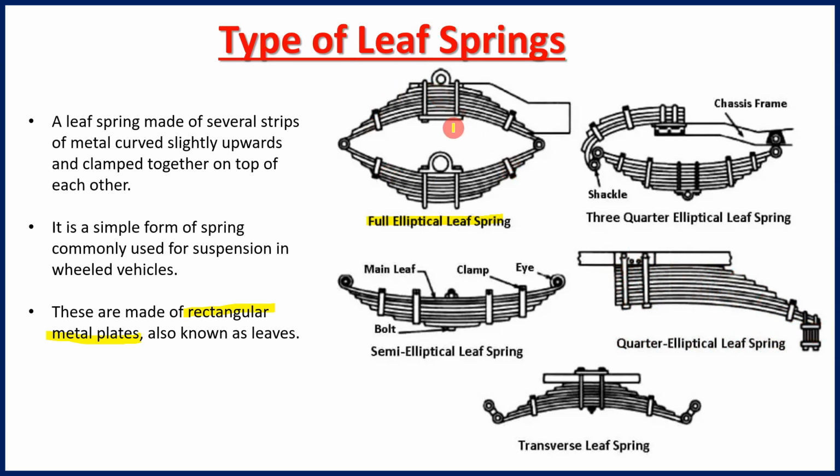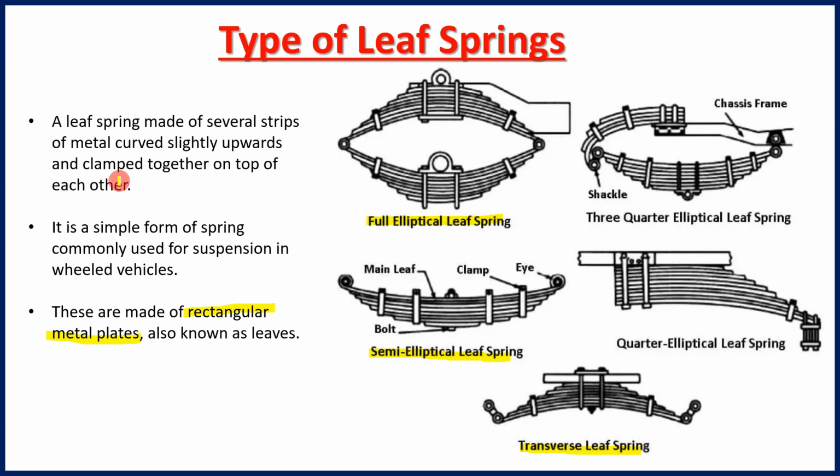Here you can see the full elliptical spring, and this is one half of it, so it is a quarter elliptical leaf spring. And the transverse leaf spring is from the above side only, the reverse of the semi elliptical leaf spring. From the above only we have the different metal plates stacked together on the above side. So this one is the transverse leaf spring.